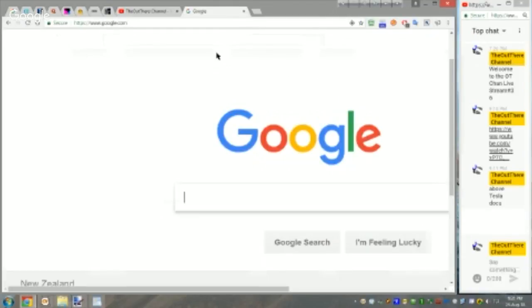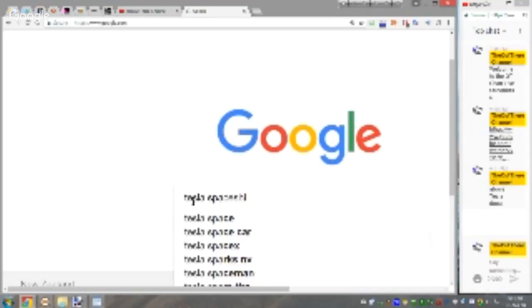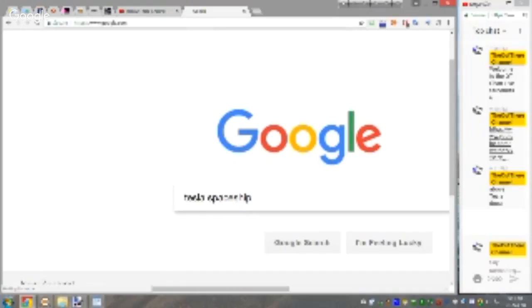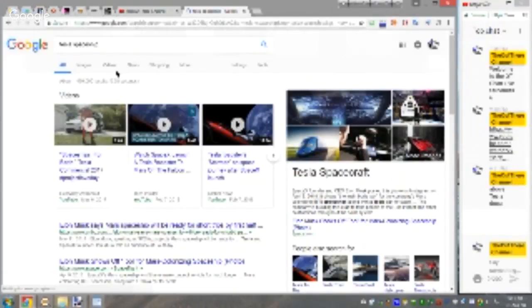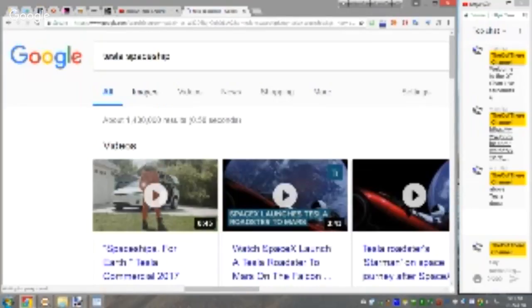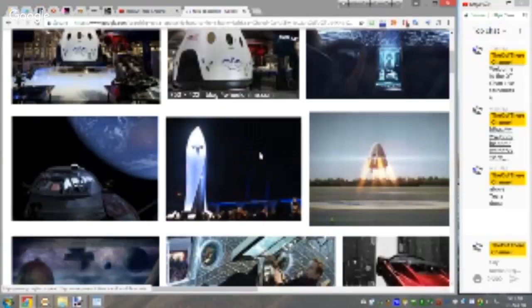Oh, I was looking at a spaceship. See if we'll find it. I'm a wee bit tired, I haven't been sleeping very well. Don't know if I can find the image or not. Why is it not working? Let's bring up Tesla car.